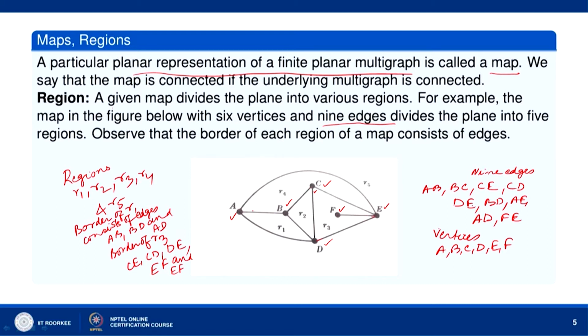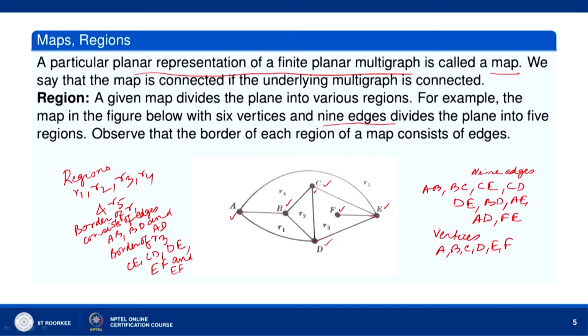And similarly, if you take R4, the border of R4 consists of the edges AB, AE, BC and CE.